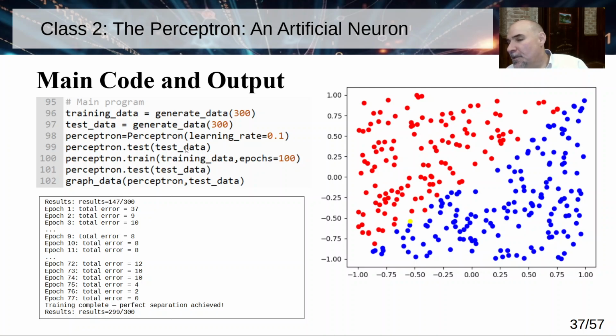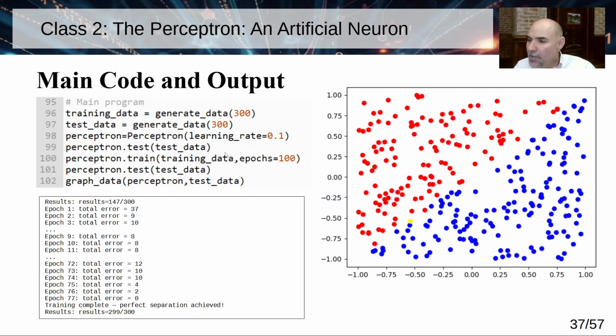And you'll notice down at the bottom, in my results before training, it got about 50-50, which is kind of what you'd expect. 147 out of 300 of them it got right. Not very good.